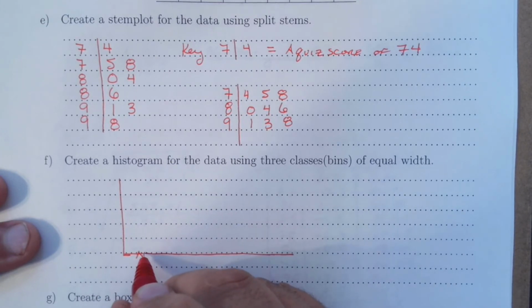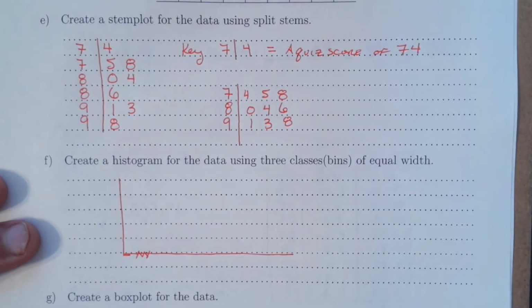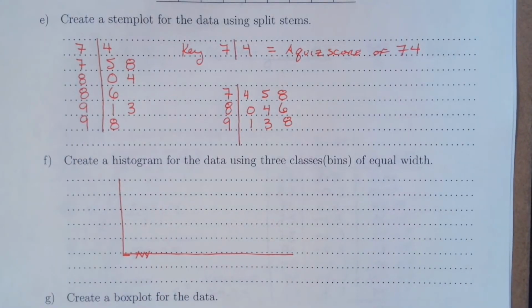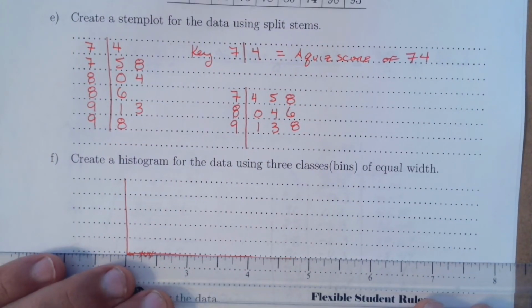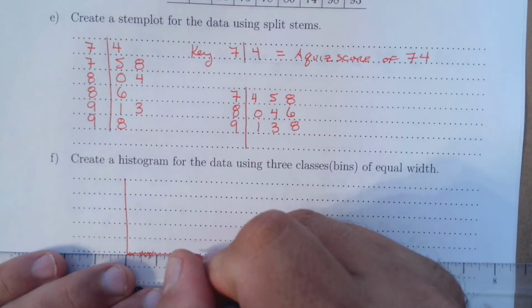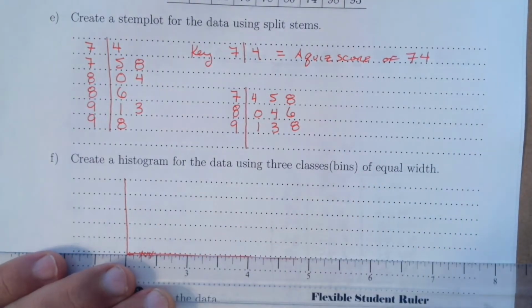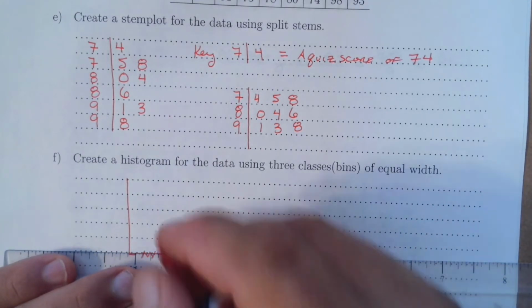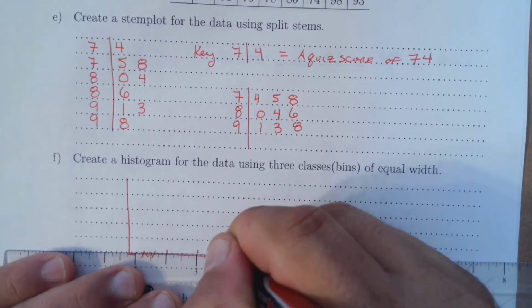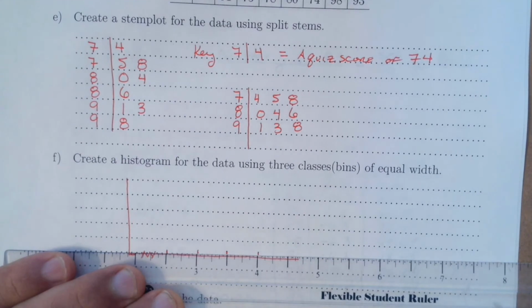I can have a break in my axis by making these little jagged lines. And if I want to get equal spacing, I can use a handy dandy ruler and say, let's say that I am going to have these 3 classes of equal width. So here are going to be my 3 classes.